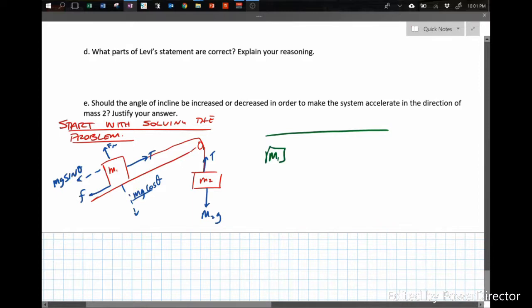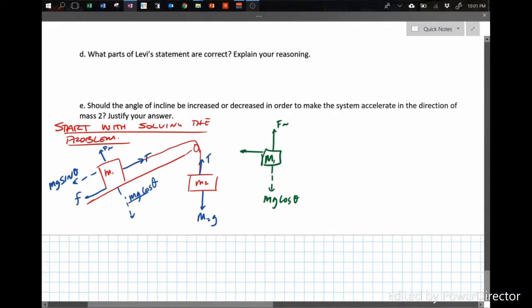So let's look at mass 1 and all the forces acting on him. We got the normal force. I have that up now. And opposite the normal force, we had mg cosine theta. And pulling this way was mg sine theta. And friction that is attached by a string. So there's tension pulling this way.